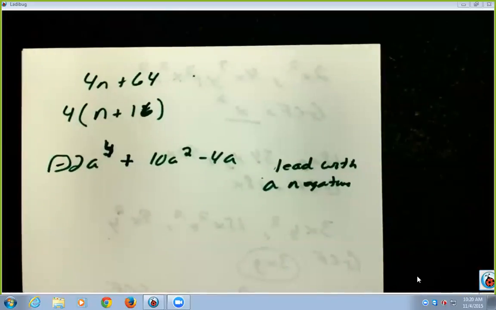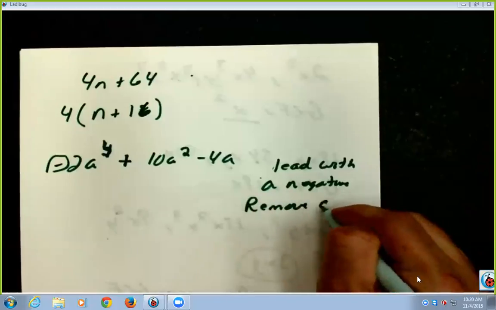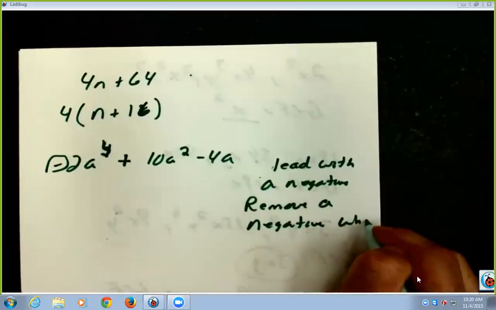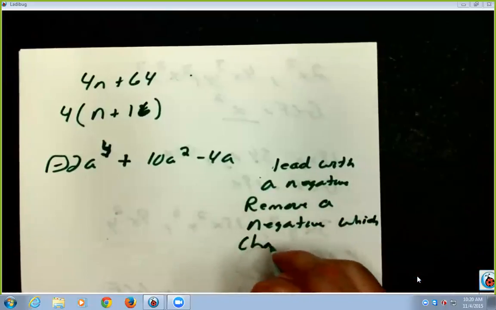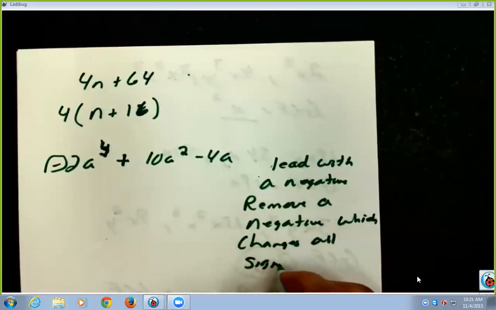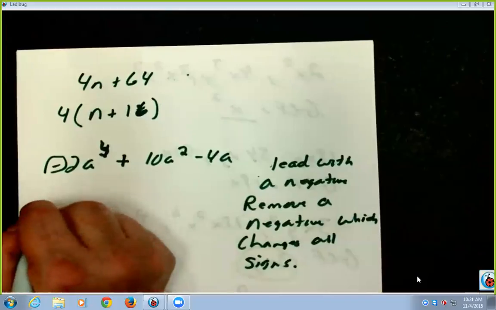If that happens, I need to remove a negative, which changes all signs within that. So what can I pull out? Well, I'm going to pull out a negative.